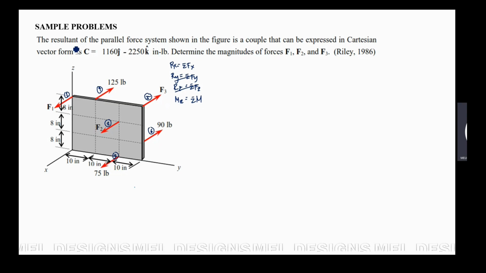Okay, let's read again the problem. The resultant of the parallel force system shown in the figure is a couple. Okay, couple lang daw yung resultant ng ating parallel force system. Therefore, the resultant is equal to 0. Okay? Kasi sabi niya dito, the resultant of the parallel force system is a couple. So, moment lang yung resultant ng ating forces.